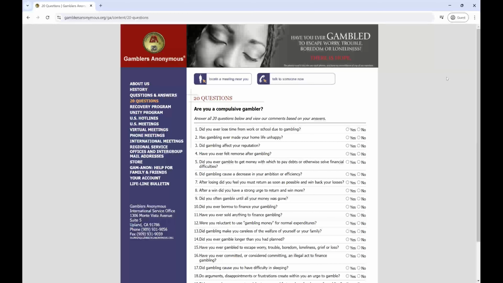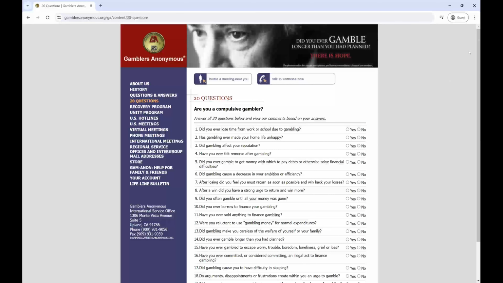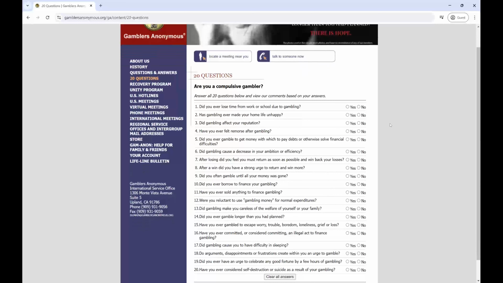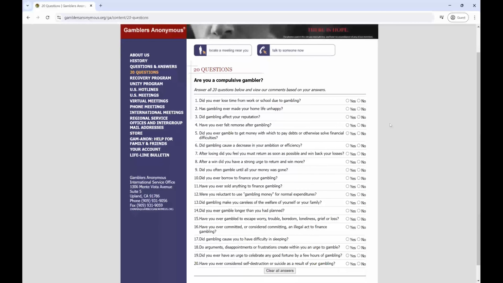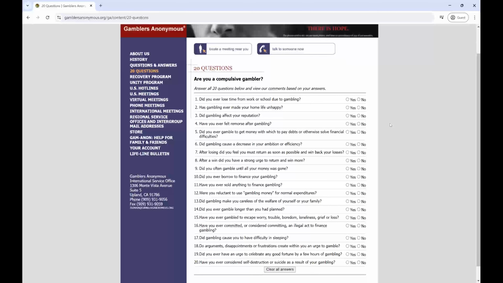You have all these support groups. I want you to challenge yourself to answer these 20 questions and see exactly where you're at. We'll cover the 20 questions, and every time you say yes, make sure you jot it down. At the end, we're going to see how many yeses you have. So let's get started. These 20 questions will determine: are you a compulsive gambler?